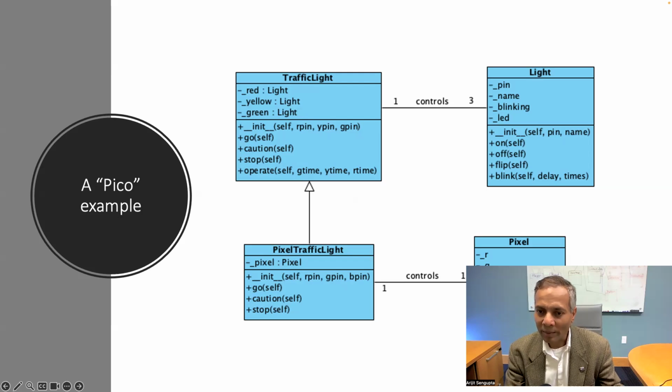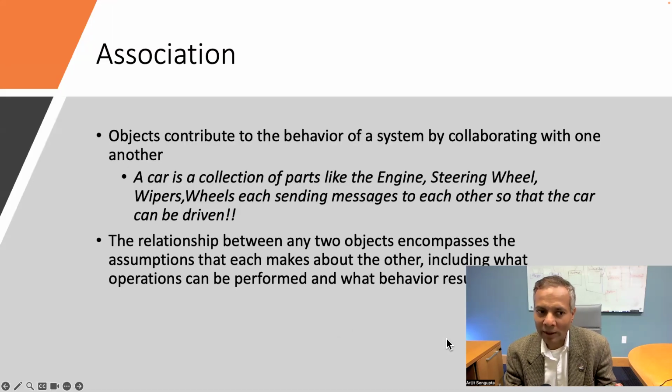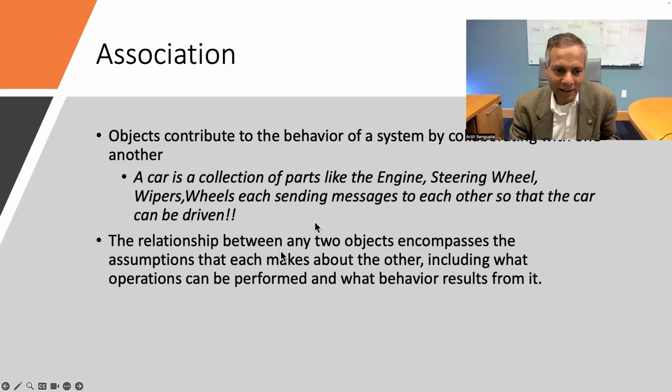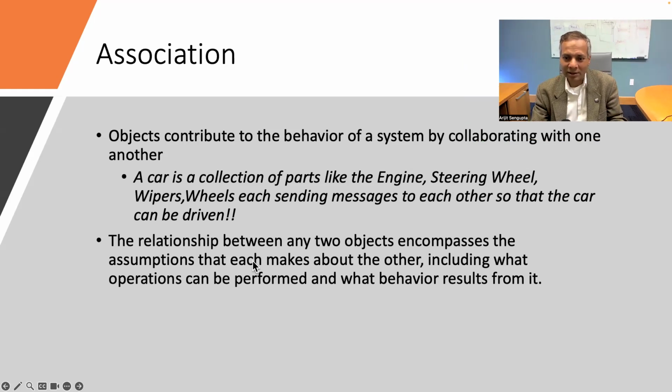So today, we're going to learn more about these relationships between these different classes. A relationship between two objects, and it could be more than two, but typically you would have a relationship between two objects in an application, and that's what an association is.